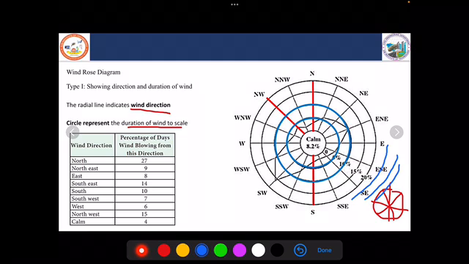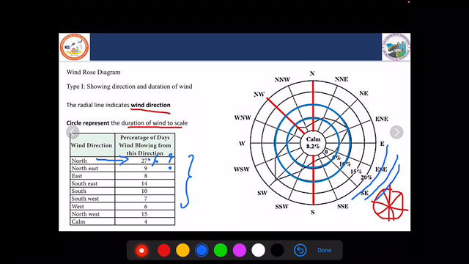This table shows typical wind data. From the north direction, the percentage of days wind blows is 27%. How did we get this 27%?